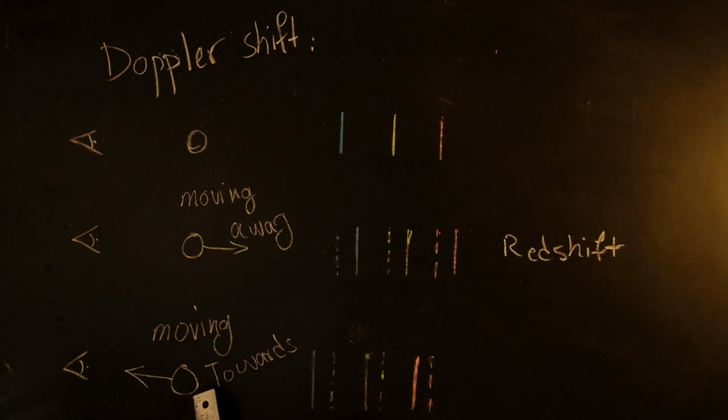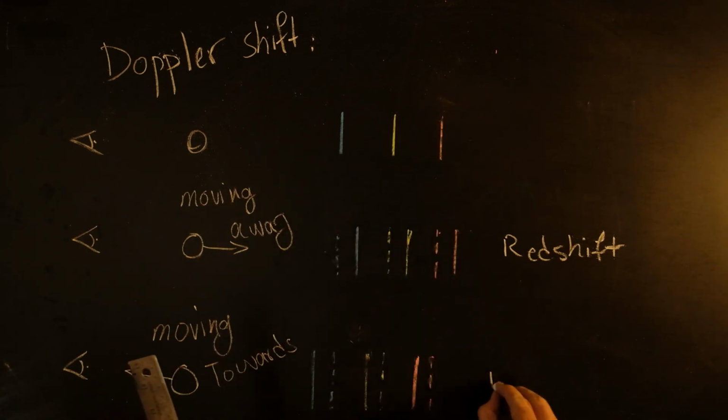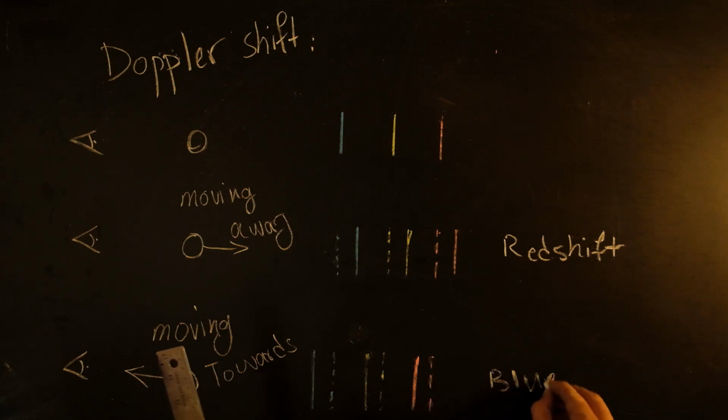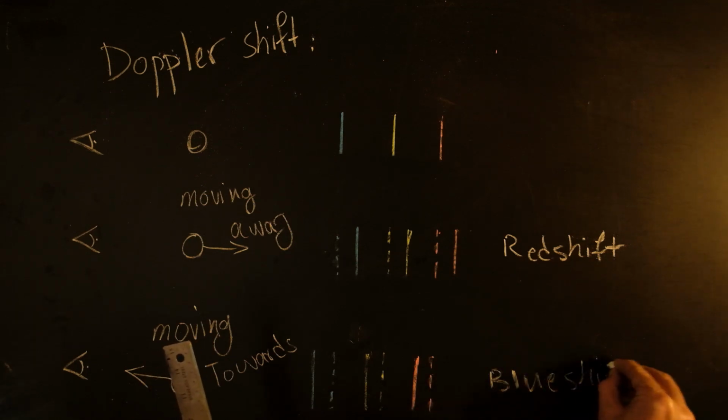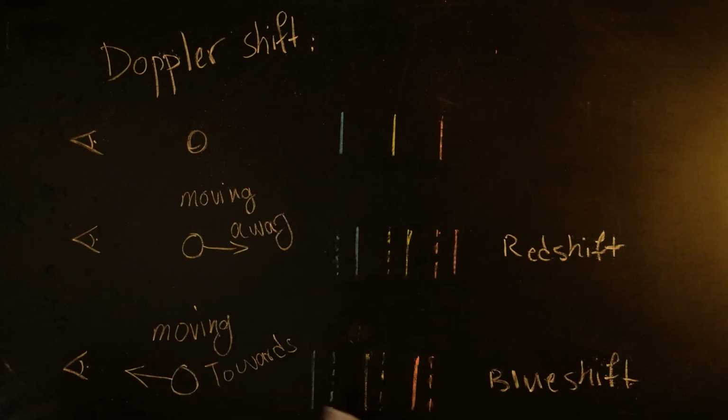If this light source starts moving towards us, this is the opposite case. So this blue is supposed to be here, but it's shifted towards bluer. Yellow is shifted towards blue. Red is shifted towards blue. You see, this is the change. So this is called blueshift.